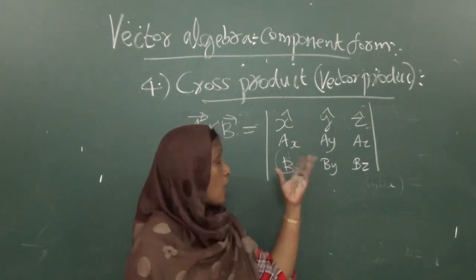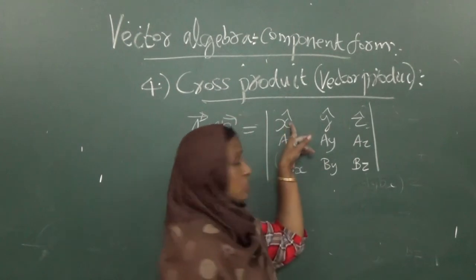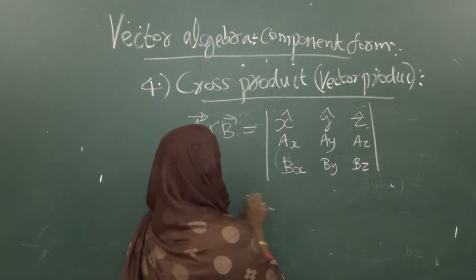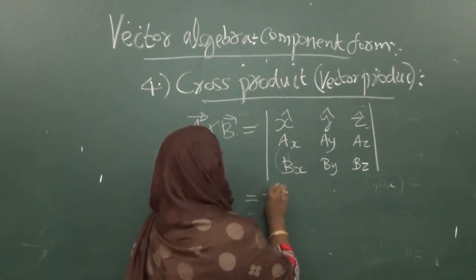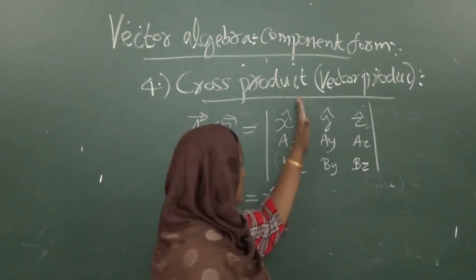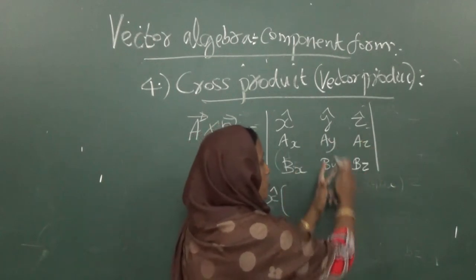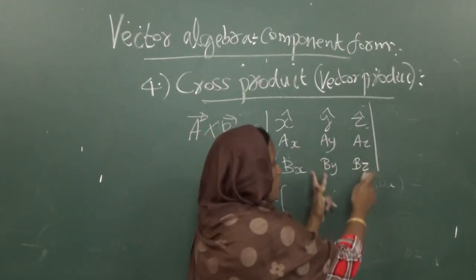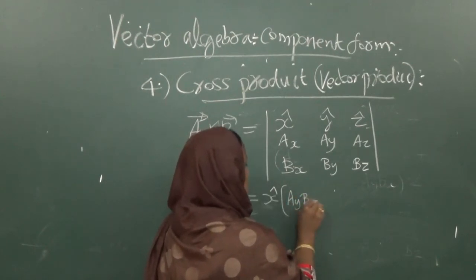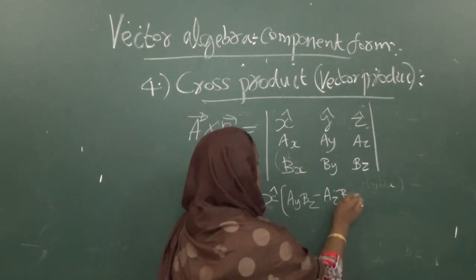Okay, so how can we find out a determinant? To get the first element, x cap, remove this column and this row. Then we have only this part. Determinant of this part: Ay Bz minus Az By.